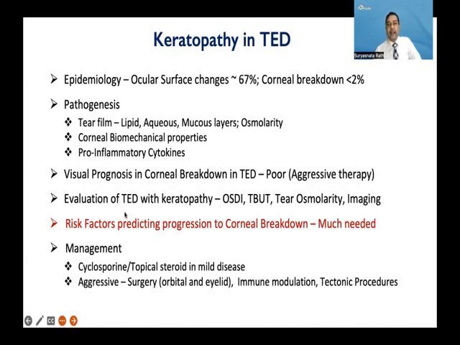We feel that evaluation of the ocular surface needs to be more elaborate in TED, and what is much needed at this time are risk factors predicting progression to corneal breakdown. Therapy in keratopathy in thyroid eye disease setting has to be individualized. Thank you.